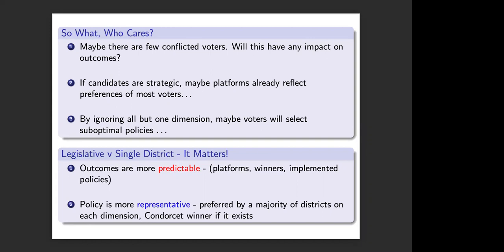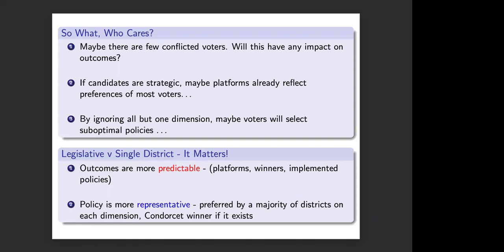Whereas here, I'm saying exactly the opposite, in a sense, right? If you have sincere voting in a single district, you're going to get random, non-predictable outcomes, whereas you'll have strategic voting in a legislative election, and that will give you unique policy outcomes, right? It'll pin down equilibria exactly. So that's one dimension in which I say legislative is better than single district.